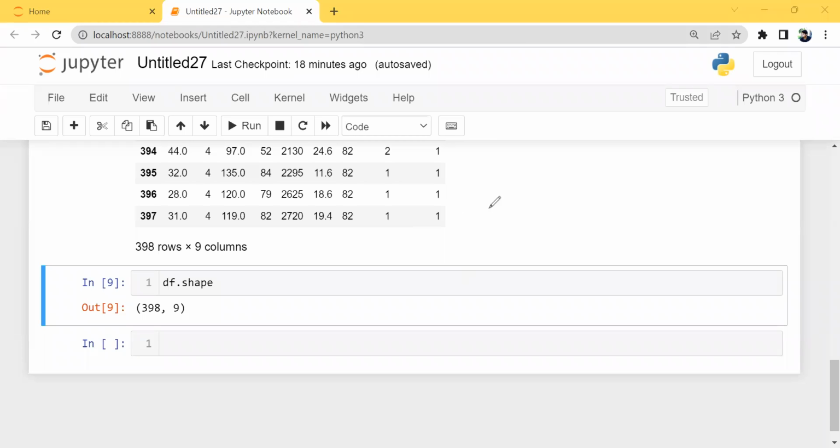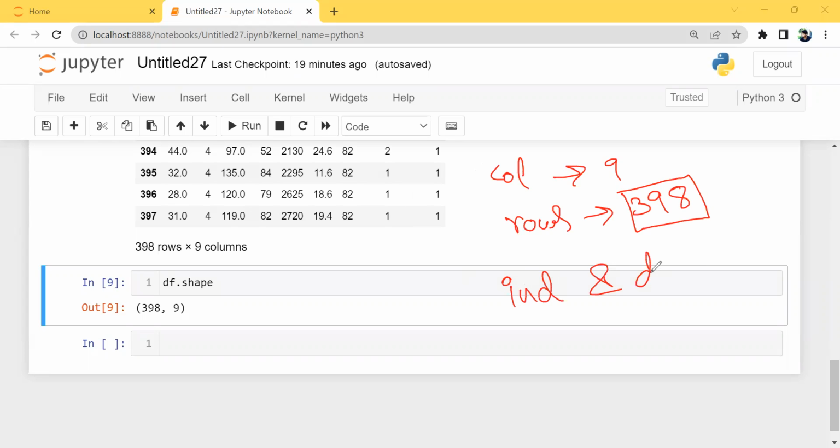For example, here you only have 9 columns, but the rows are 398. Let's assume that these rows are enough to explain the relationship between the independent and dependent variable.